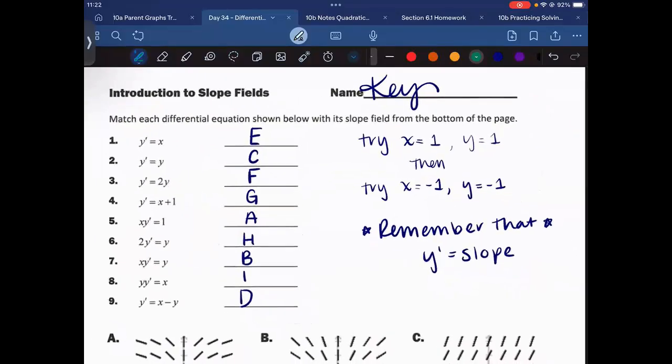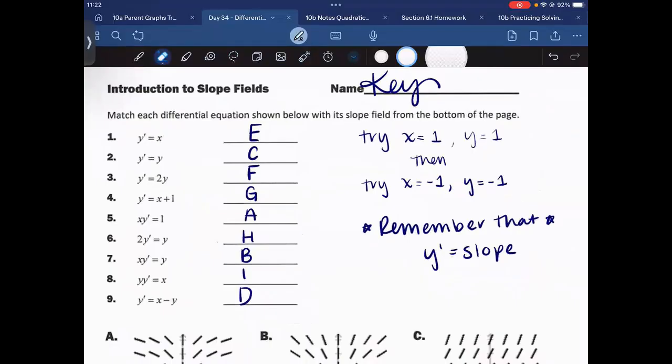This is the key. Actually, let me just do one. There are a couple that could be correct, and what we're going to do is look through them and find what that means. We already know that number one is E, but I always try (1, 1) and (-1, -1).